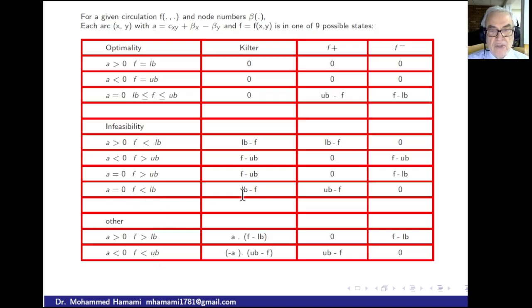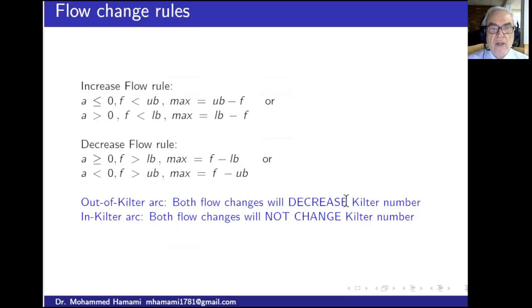So we can increase the flow all the way to UB minus F. So if A is less or equal to 0, then we can increase the flow up to UB minus F. And if A is positive and F is less than LB, then we can increase the flow up to LB minus F, the maximum. And the same thing with the other case, with decreasing the flow.